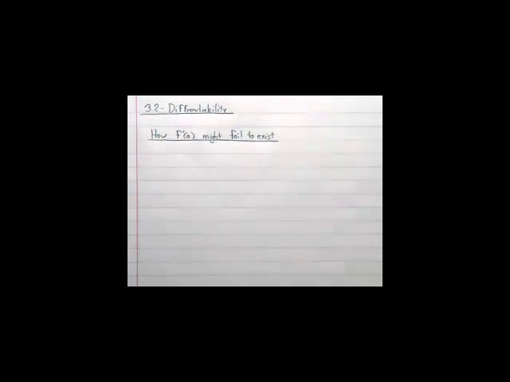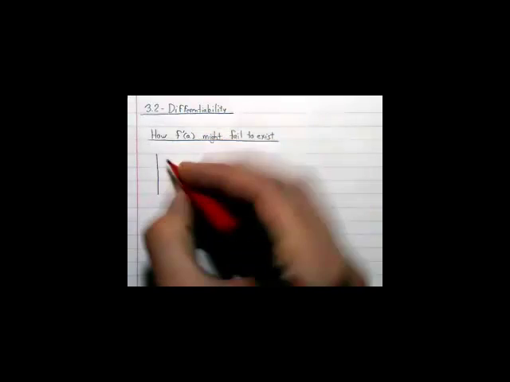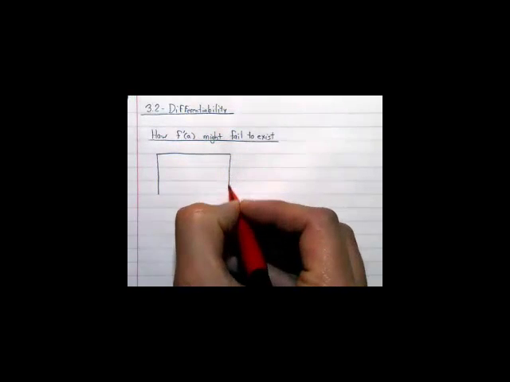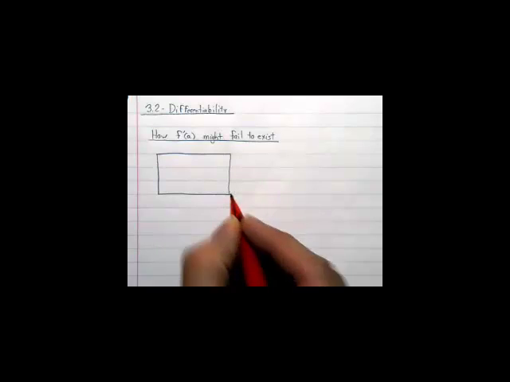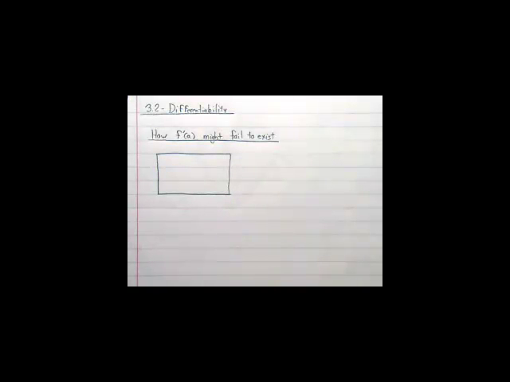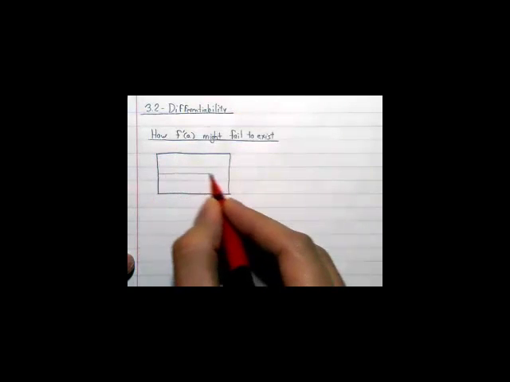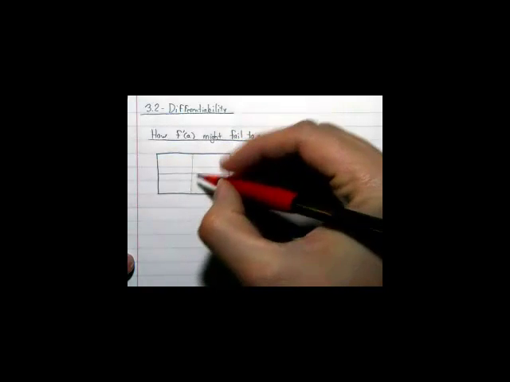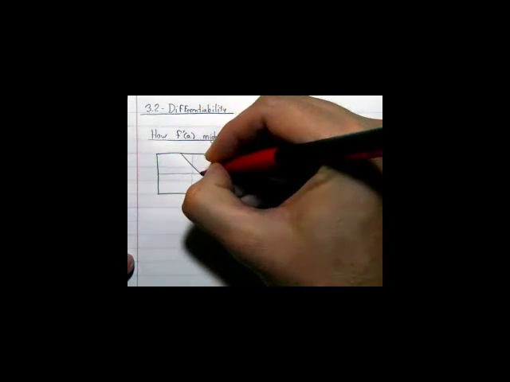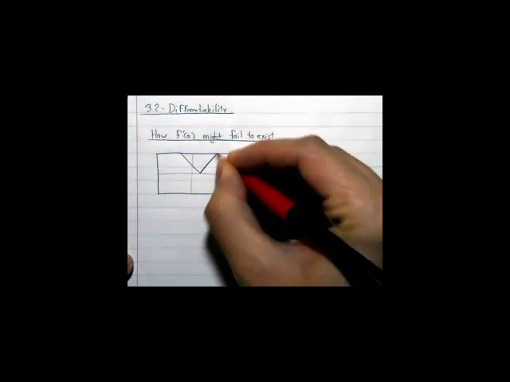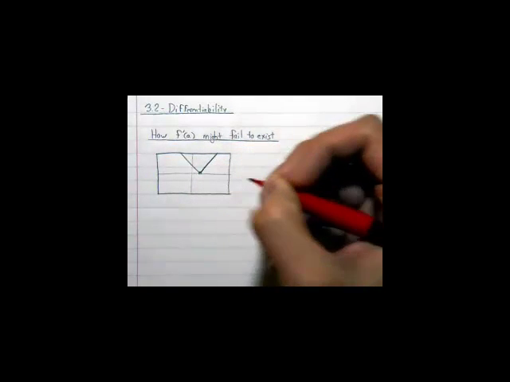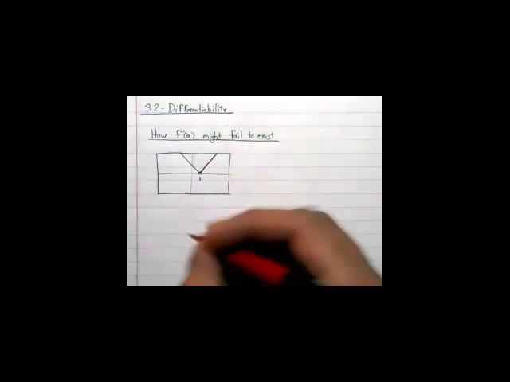There are four basic ways you're going to see this. This first one should look a bit familiar. It's a very obvious case where the slope from one side does not match the slope from the other side, and it creates a corner in the graph. So something like that. This point right here, let's say it's at 1.